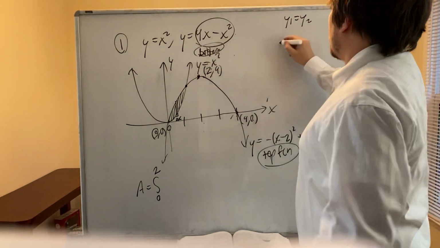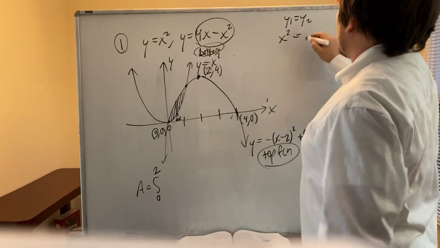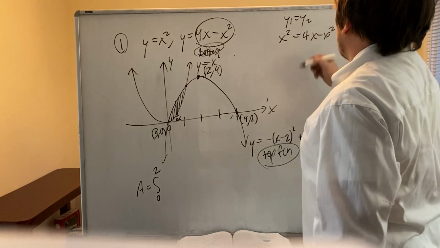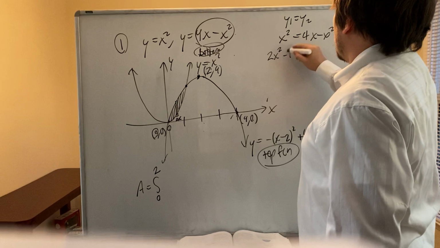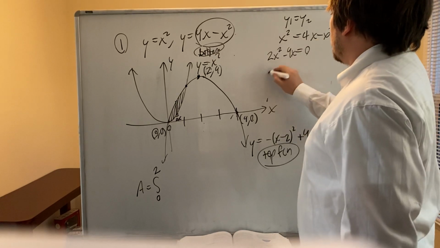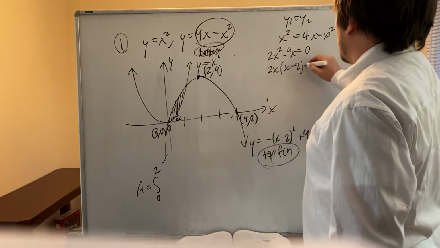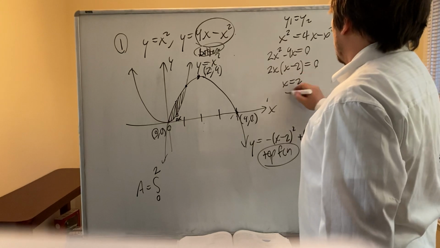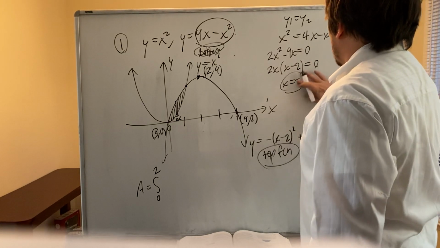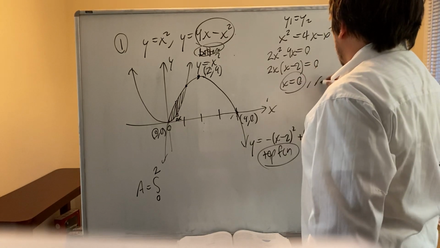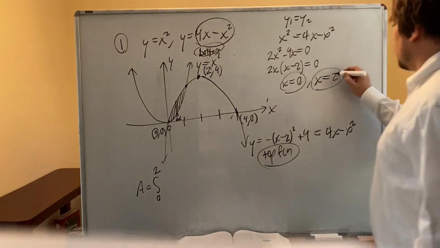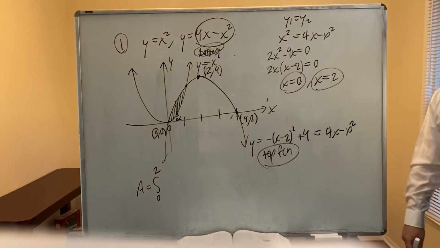That means x squared is equal to 4x minus x squared. That means you have 2x squared minus 4x is equal to 0. That means 2x times x minus 2 equals 0. So either x equals 0 or x equals 2.